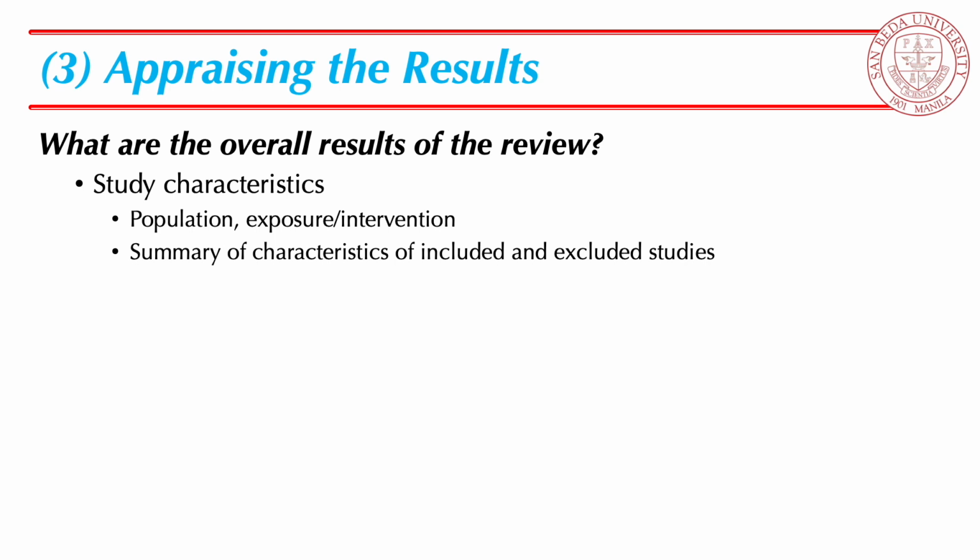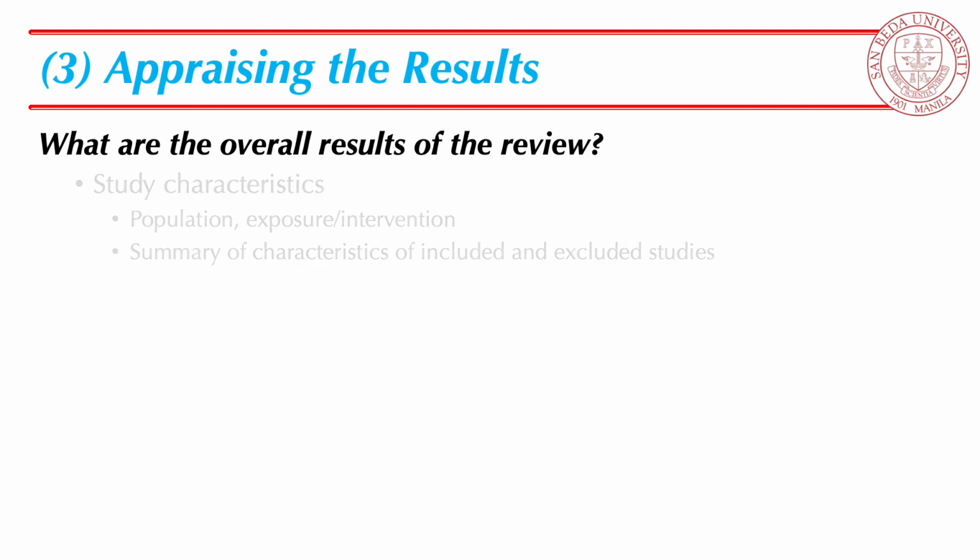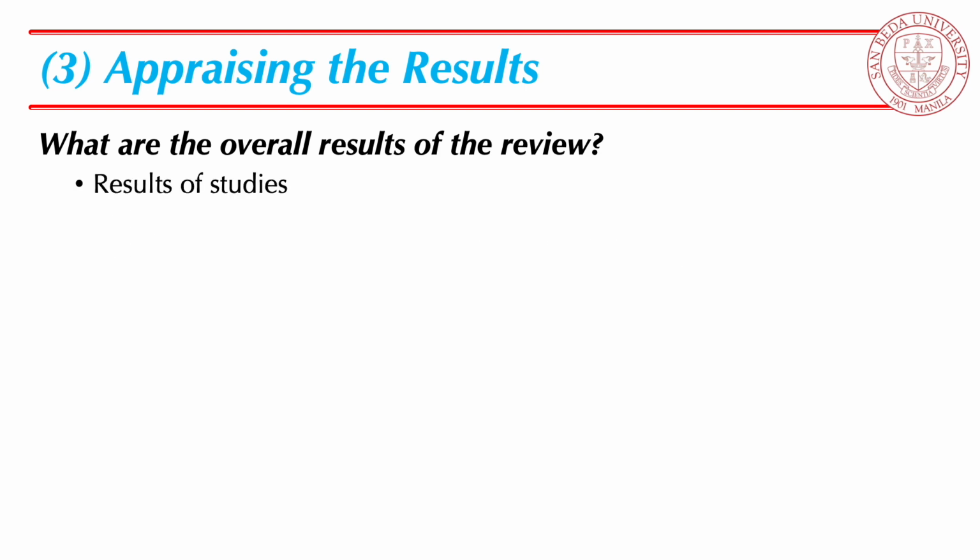These summaries should contain information on the quality of included studies, indicating potential sources of bias. Systematic reviews and meta-analyses should also present a summary of the results of included studies. This is usually presented as a table or forest plot, with results reported separately for each study. In the case of a meta-analysis, there should also be an overall or pooled result.